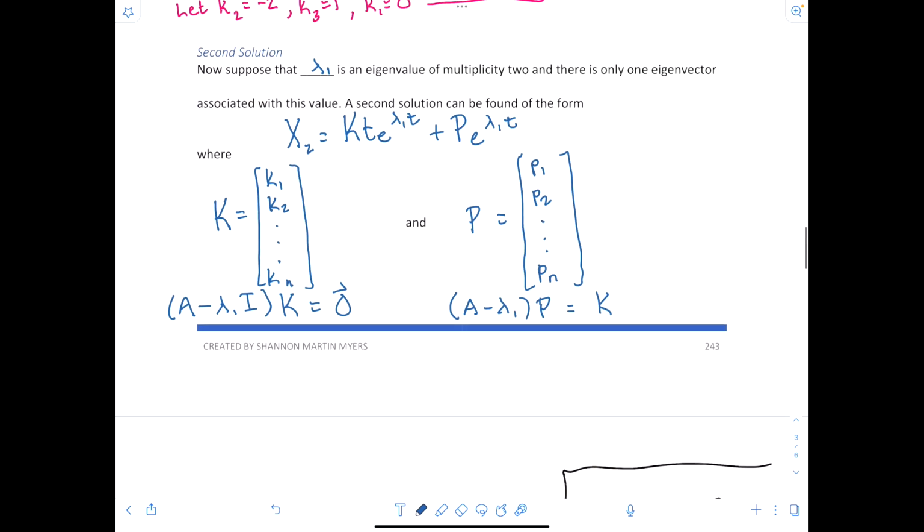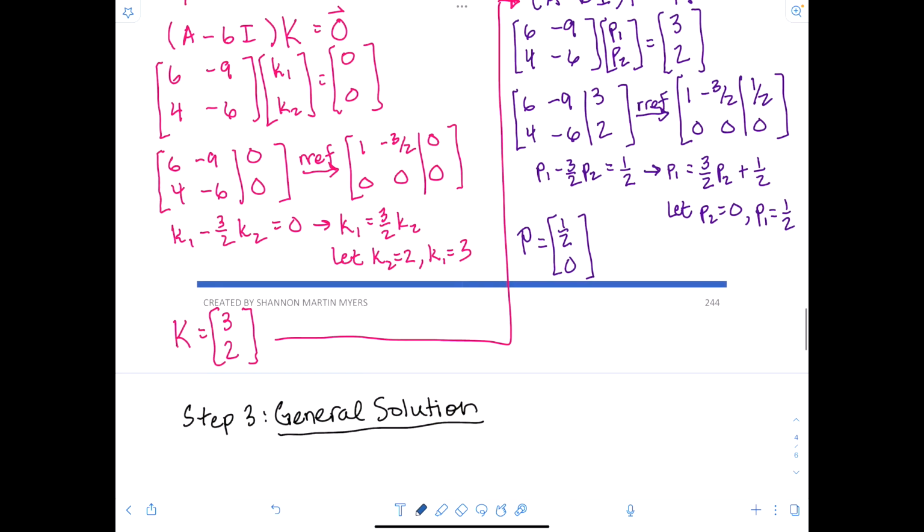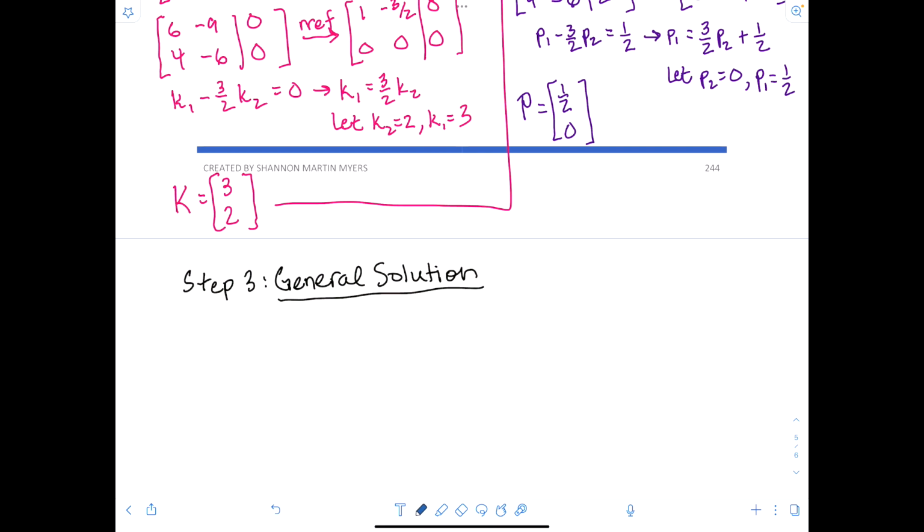So let's see what we get. We will have capital X equals, well, we have C1 times our first vector K, 3, 2, times e to the 6t.